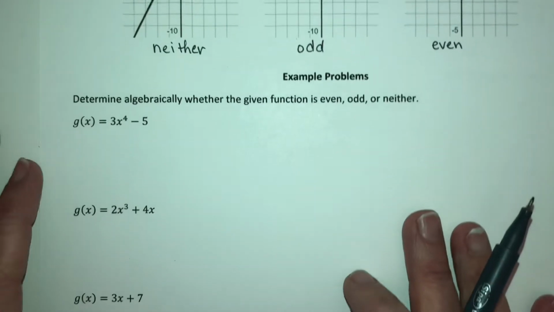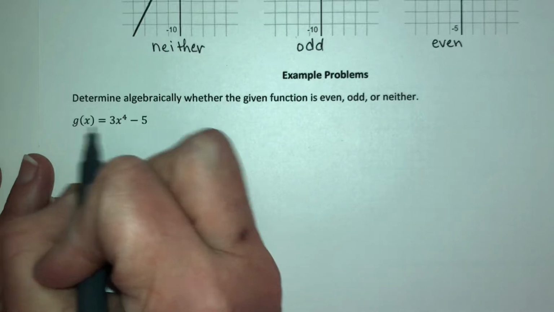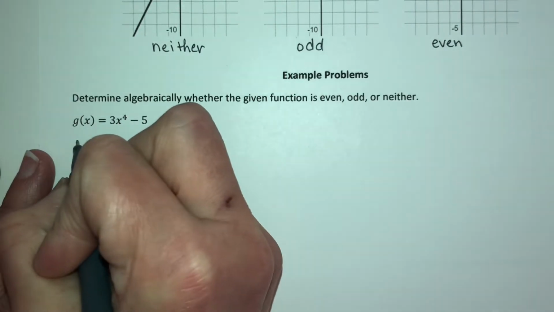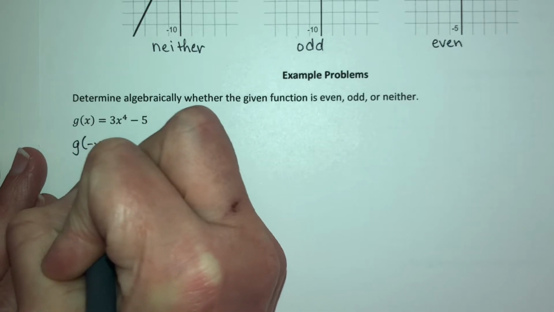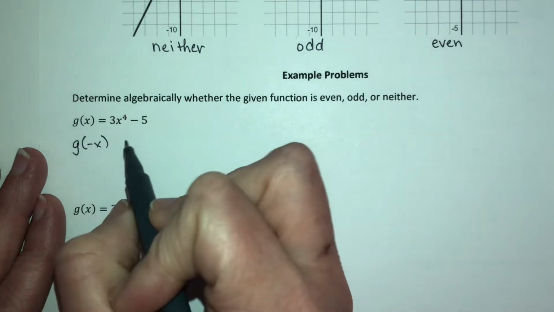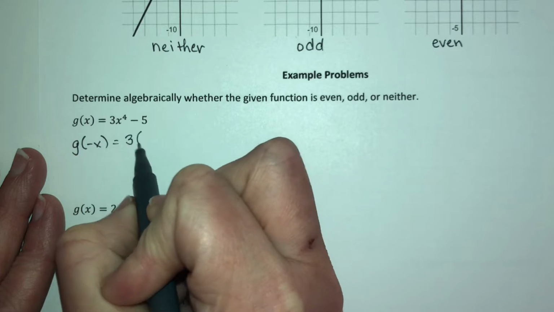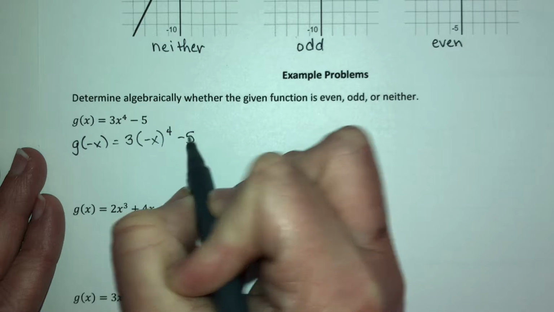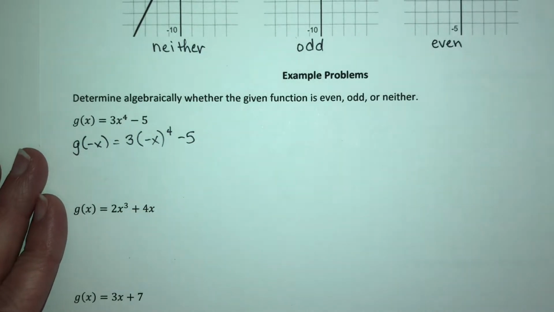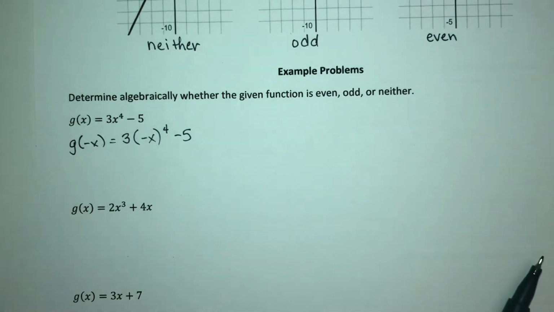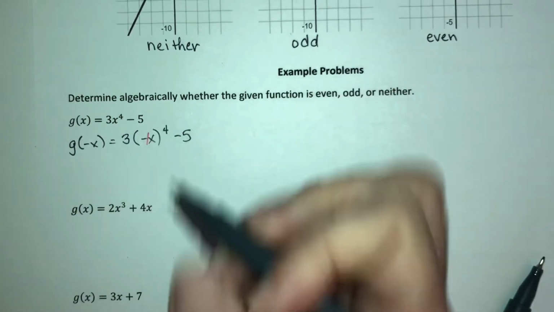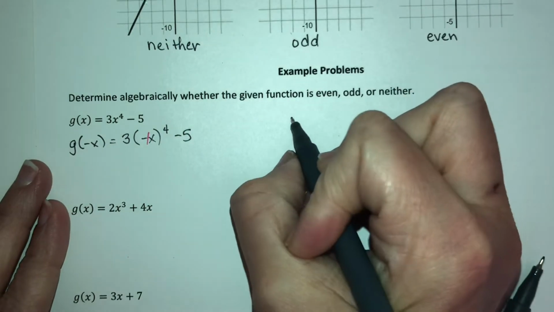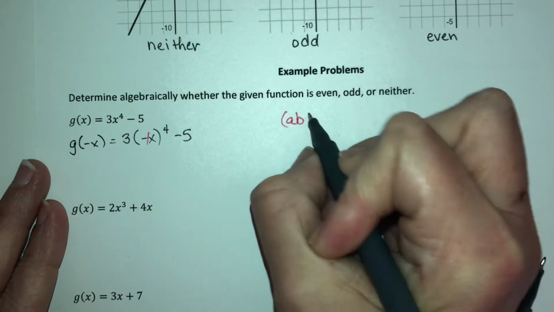Okay, so if I want to find out whether this is even, odd, or neither, I'm going to figure g of negative x. So that will be 3 times negative x to the 4th power minus 5. Now remember, you can think of this as a negative 1, and one of our exponent properties looks something like this.